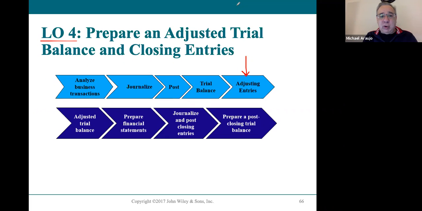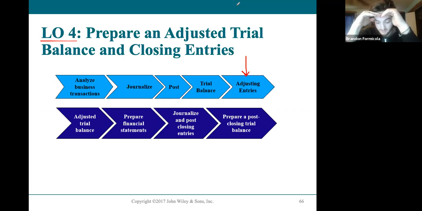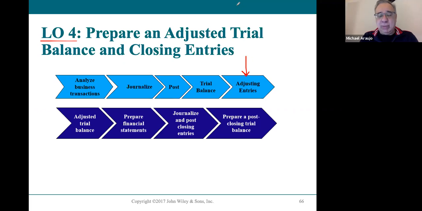Brandon, we also adjusted insurance. Do you remember the adjusting entry for insurance? It is prepaid insurance. We have to lower our prepaid insurance, and then insurance expense.